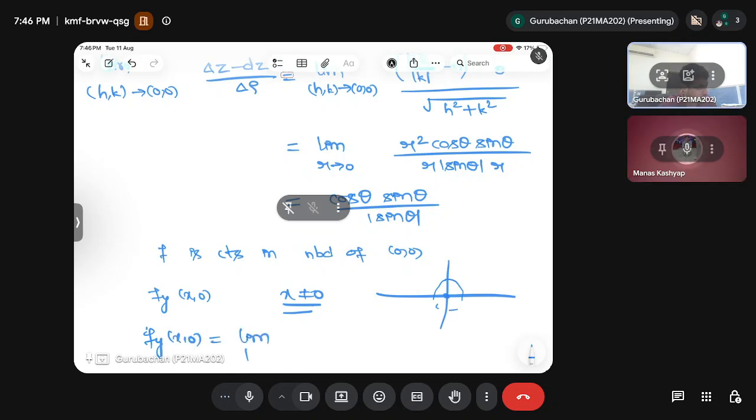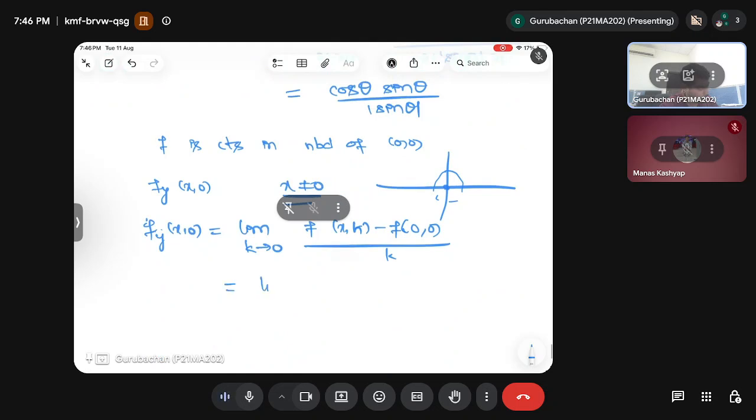Yes, so we can cross check by any method. f y at x comma k is f at x comma k minus f at 0 0 divided by k. So this will give us the limit as k tending to 0 of x divided by mod of k. Obviously this does not exist.